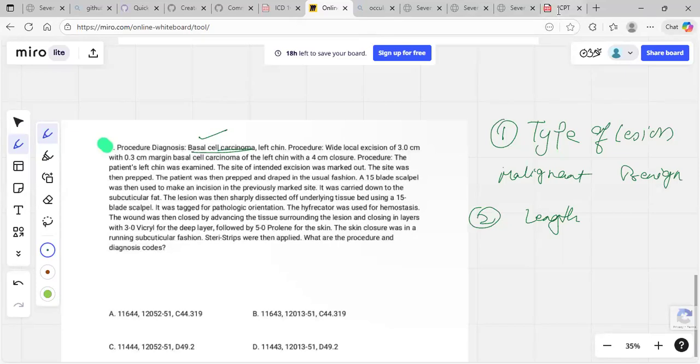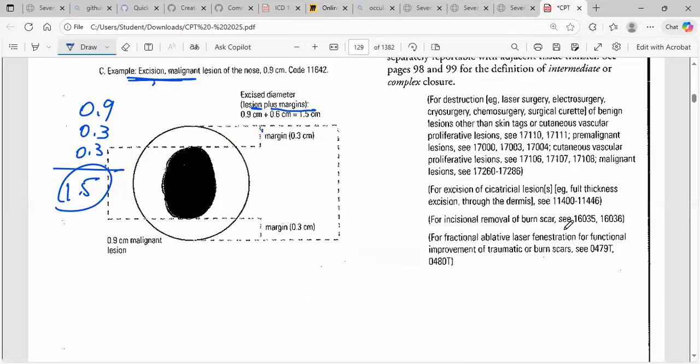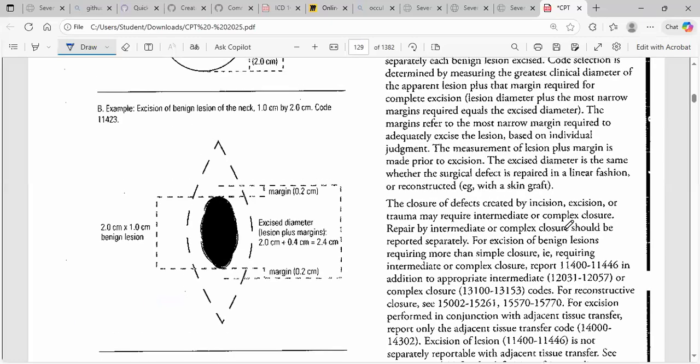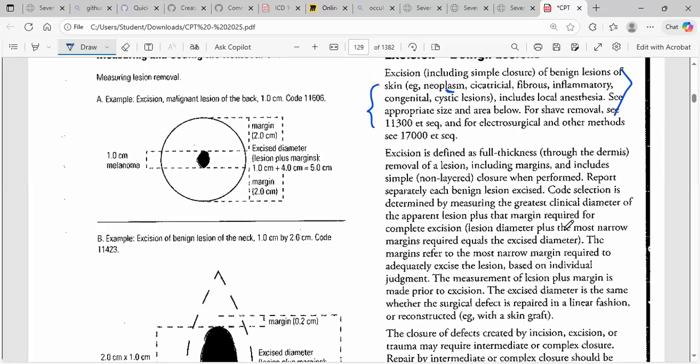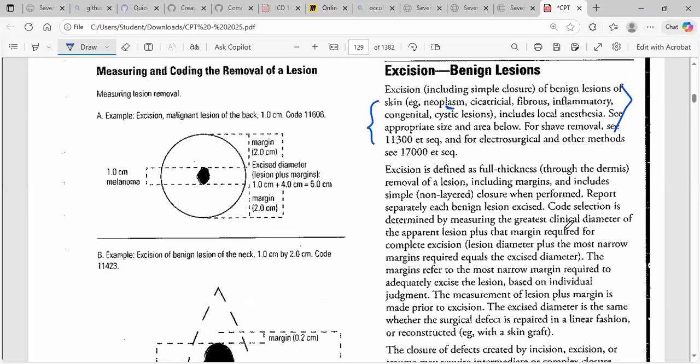Whenever you are going to bill the excision, simple closure is always included in the lesion excision, and we are not going to bill that separately. Excision is defined as a full thickness removal of a lesion, which includes the margin. It will include the margin in the excision diameter, and it includes the simple closure.